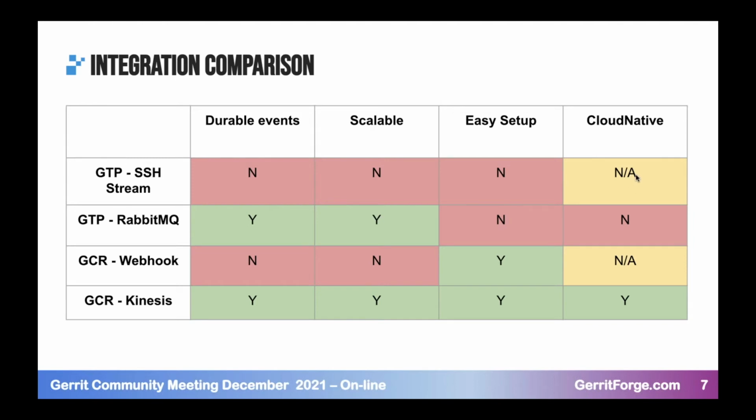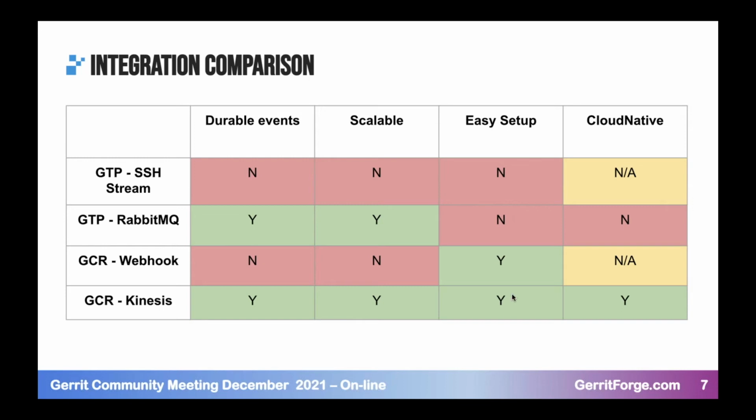The other is the setup, which is pretty much self-explanatory, and cloud native is another one which is also self-explanatory. As you can see, the good guy, of course, is our Gerrit Code Review plus the Kinesis plugin, which is durable by definition of AWS Kinesis, and scalable again by definition of Kinesis.